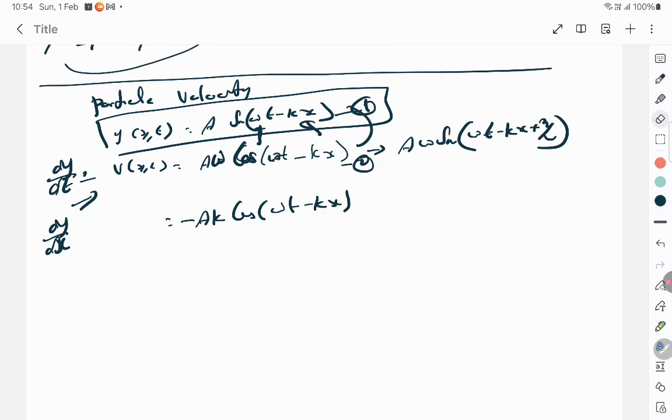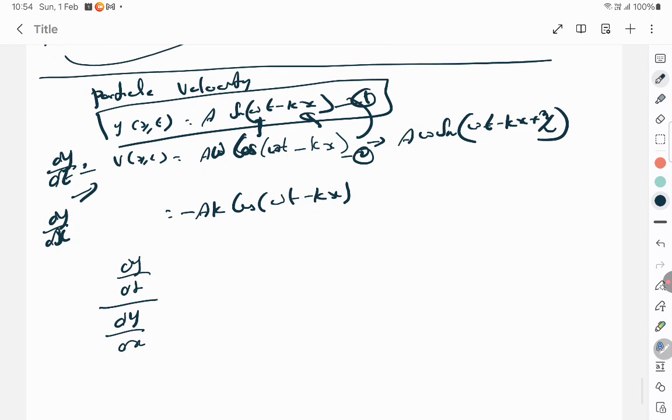So now take this and this, which is dy/dt by dy/dx. Take the first equation: the differentiated value with respect to time and the differentiated value with respect to position, equations 3 and 4. So take 3 and 4 and divide it.